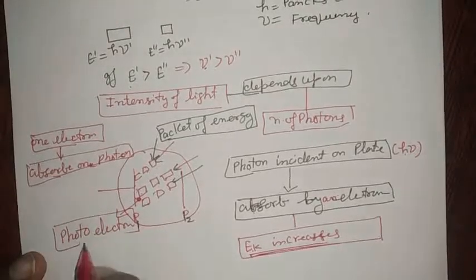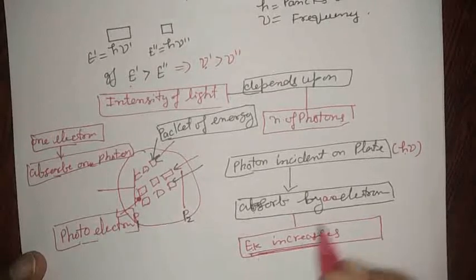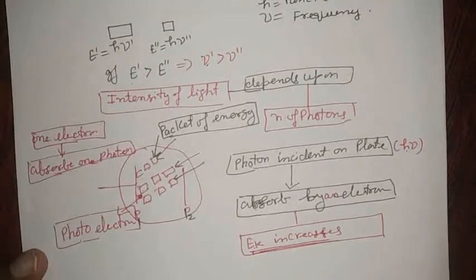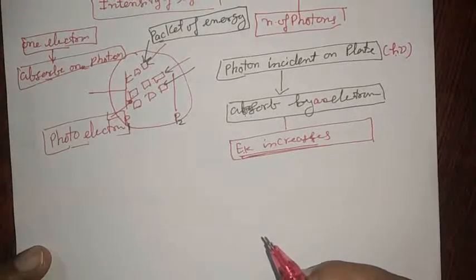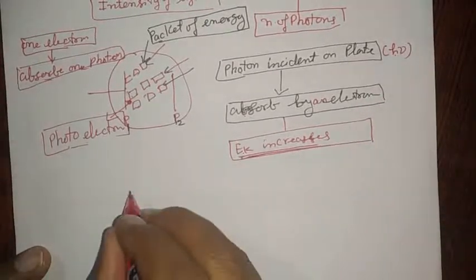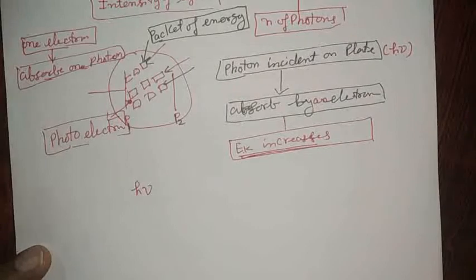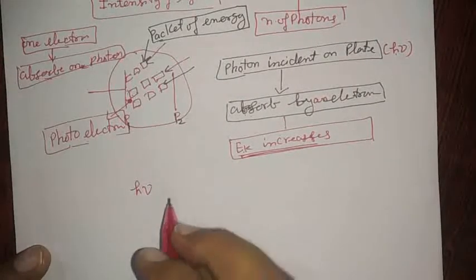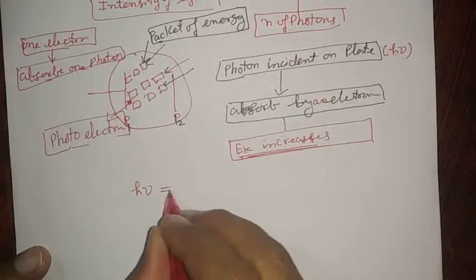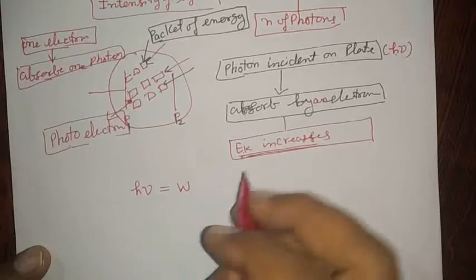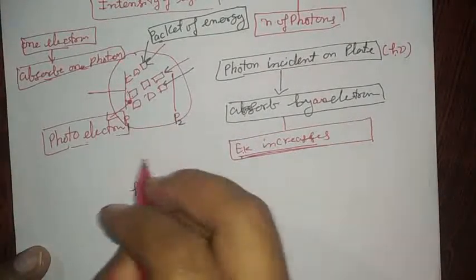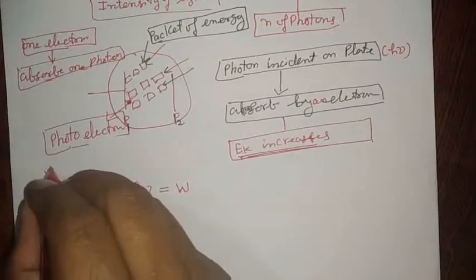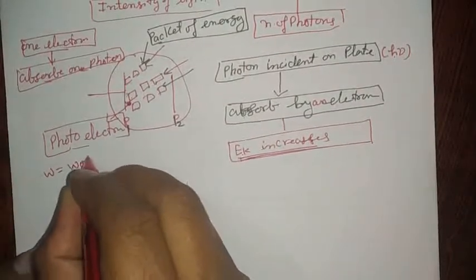Actually, this energy which falls on it is divided into two parts according to Einstein. The incident energy is h nu, divided into two parts. One part is required to emit an electron from the plate. This is called work function, let W be the work function.